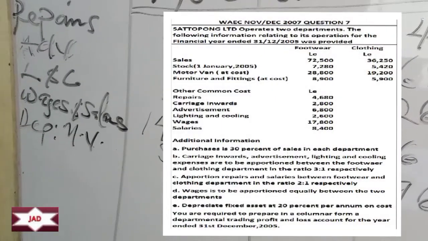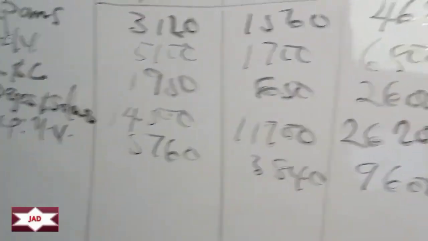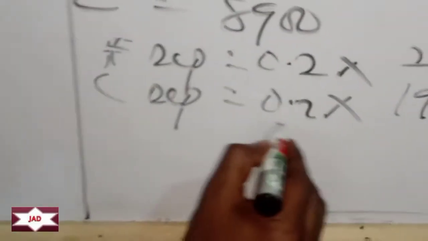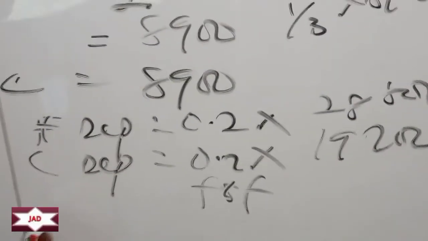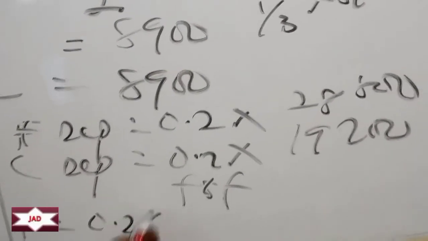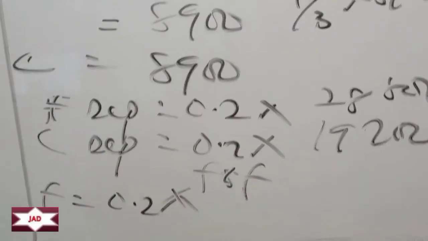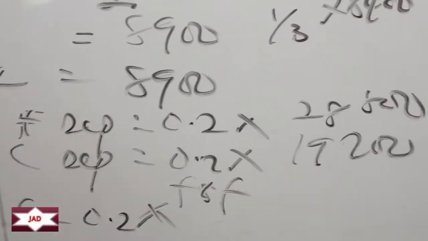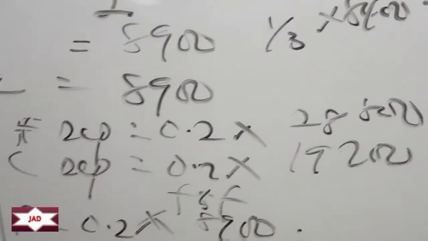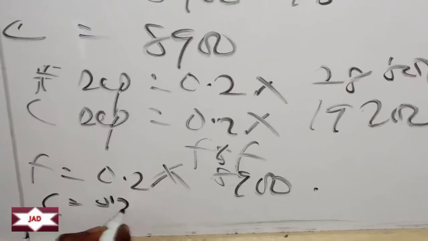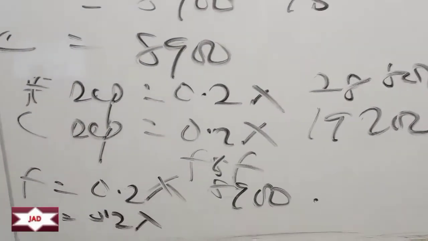So the next item there is furniture and fittings. So let's calculate furniture and fittings the same way. F will be 0.2 times what is the cost of furniture and fittings for footwear? That's 8,900. C will be 0.2 times what's the cost of furniture?